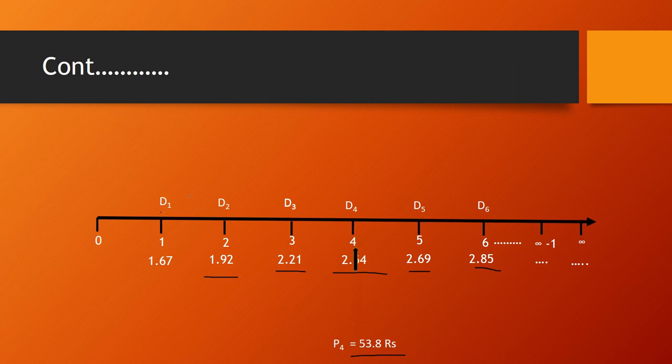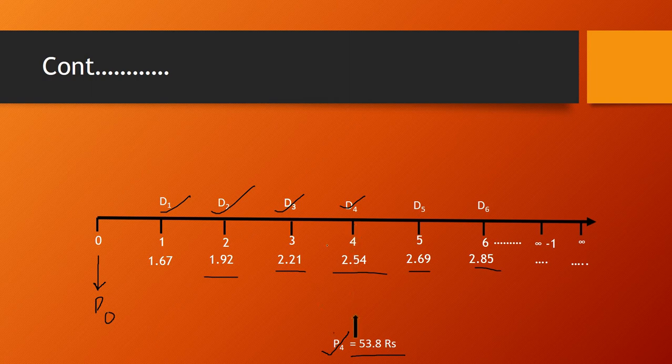That means I will consider this value, this value, this value, D4 and P4. Now what we have learned, if I have to calculate this P0, that means the current value of this share. So now I have 5 values.